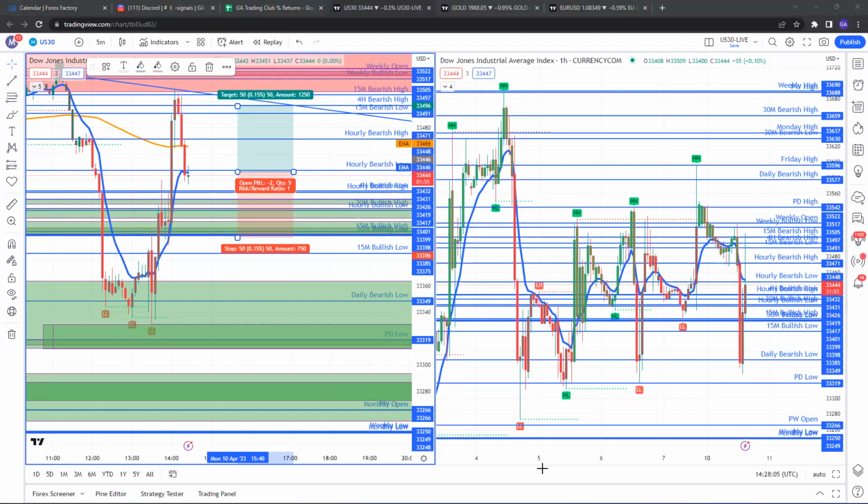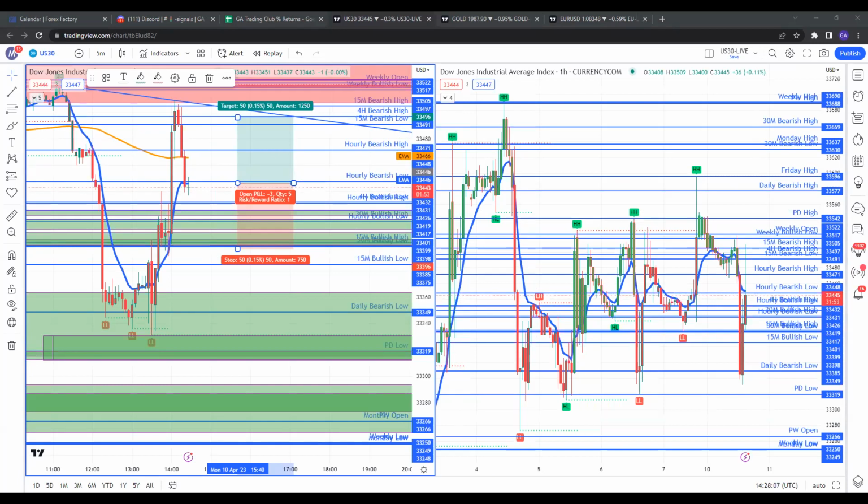If anyone has any questions, now would be the time to ask as we wait for these trades.